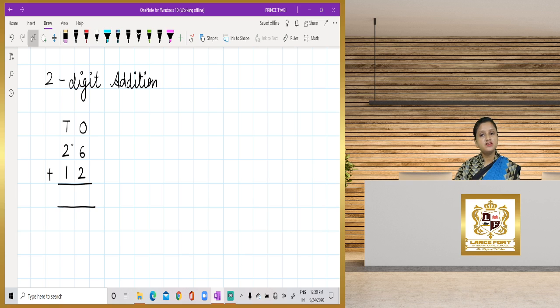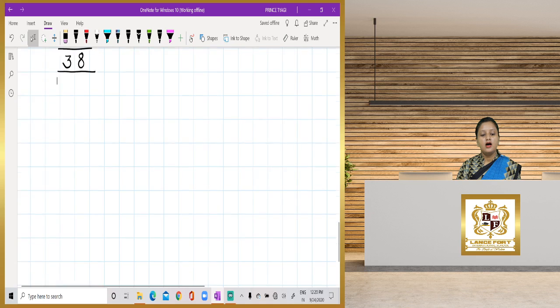We always start from ones. So we have 6 and 2 in the ones column. Now add both the numbers. 6 plus 2 is 8. Now in the tens place we have number 2 and number 1. 2 plus 1 is 3. So what is the answer? The answer is 38.